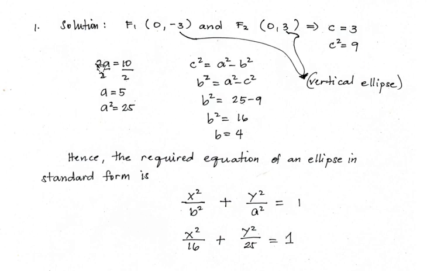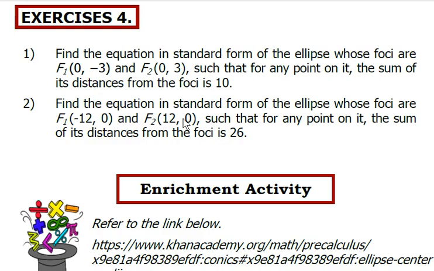Now, we are given also that the sum of the distances of the segments from any point of an ellipse to its foci is 2a, and 2a here is given to be 10.